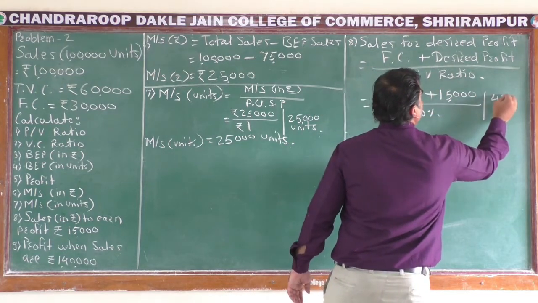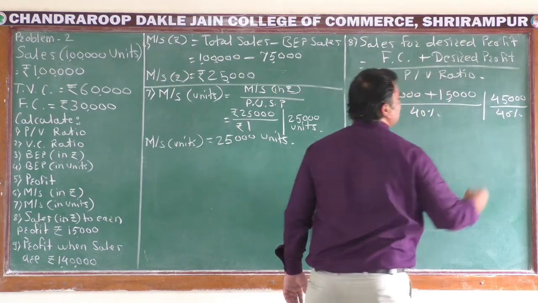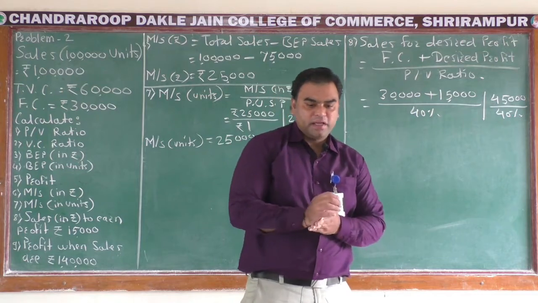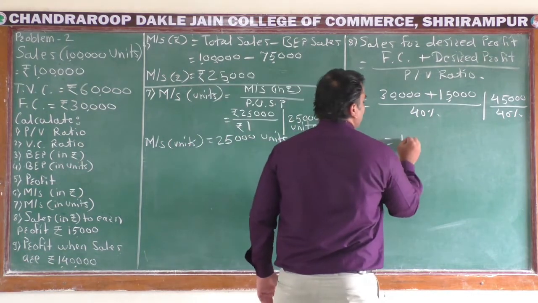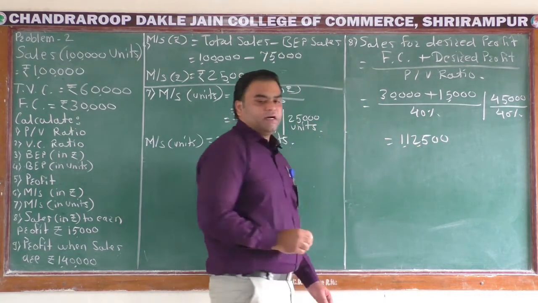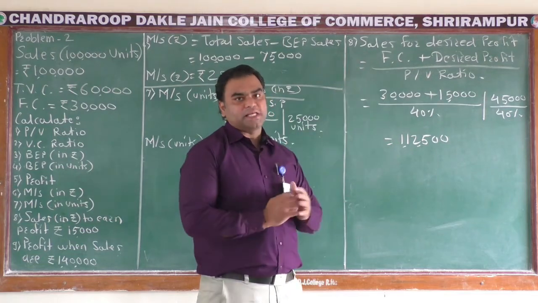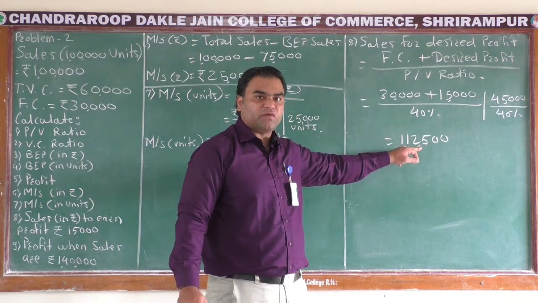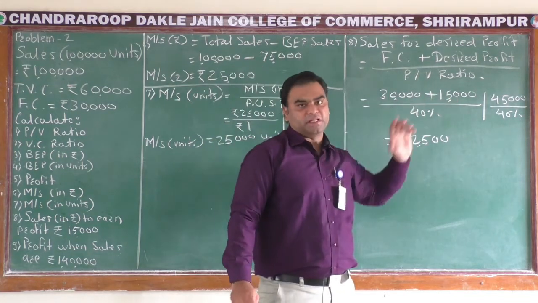So 45,000 divided by 40% is equal to rupees 1,12,500. 1,12,500 is the amount of sales for desired profit. Means when we generate sales of rupees 1,12,500, at that time our profit will be rupees 15,000.